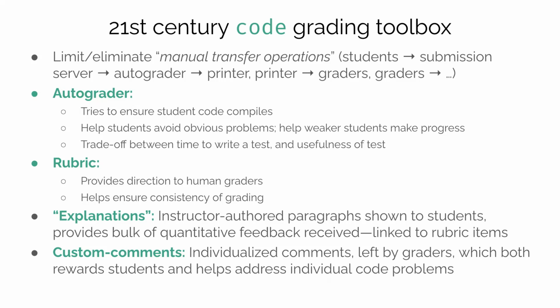Whereas if they only got feedback from your grading, then you would only be able to grade a very bad submission. By giving them the auto grader and letting them iterate, it helps them improve their submission before you give them human feedback. And then there's a trade-off between the time to write a test and the usefulness of a test. You don't want to write 1,000 tests. Of course, you could be checking everything, but you want to balance how much time you put into writing tests.